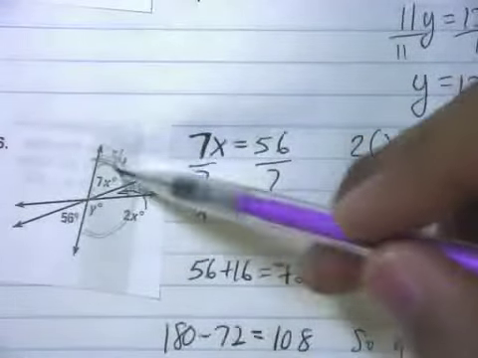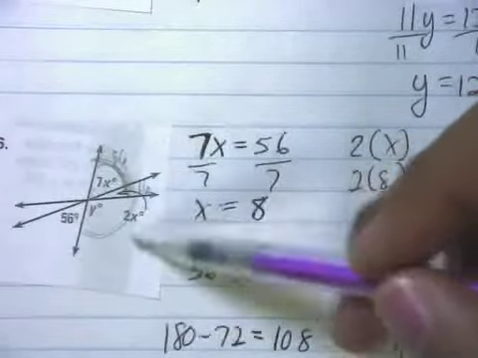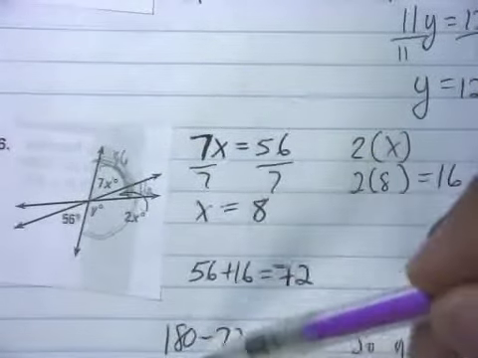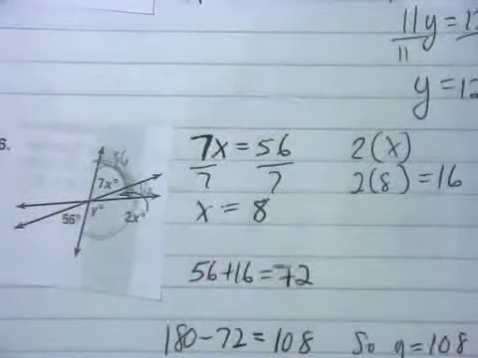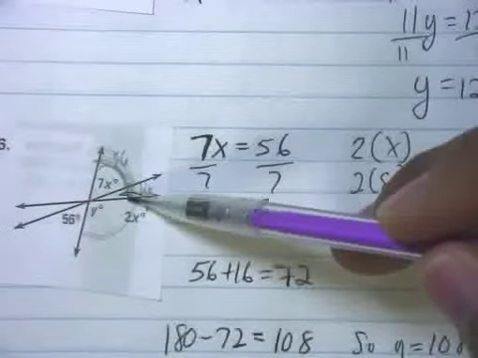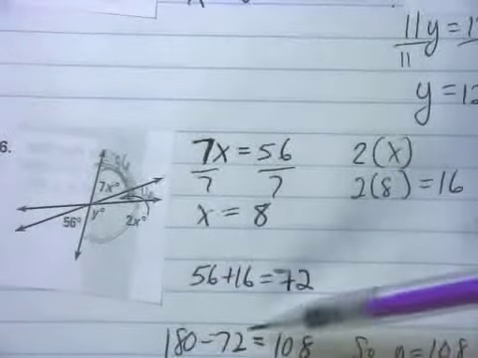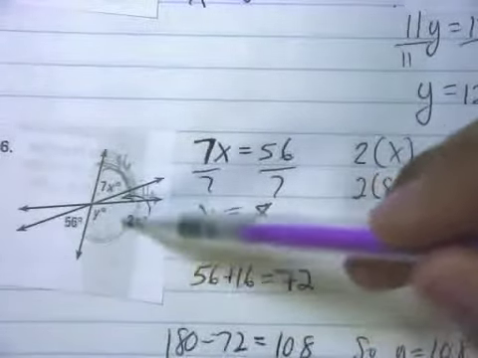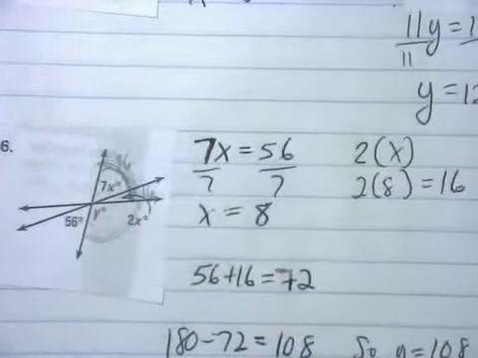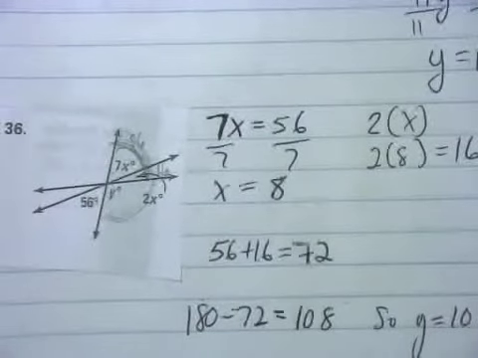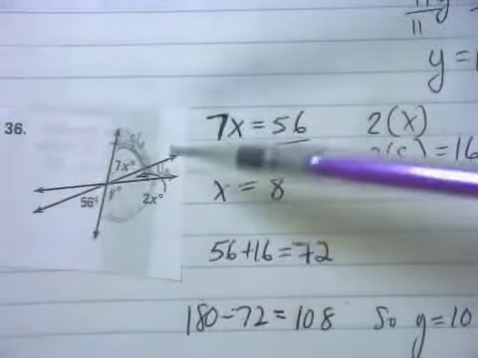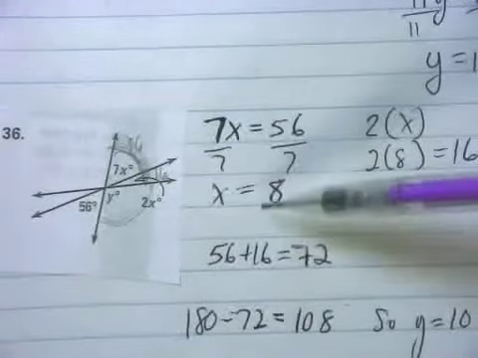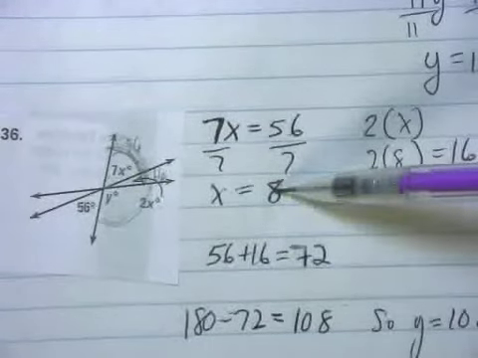This big angle here and this whole angle of y here, don't they add up to 180? Yes, they do. So if this whole angle here is 72 degrees because of the 56 plus 16, well, then I can find the y here by saying 180 minus 72. So 180 minus 72 is 108, which means that this whole angle here is 108 degrees. And that's question number 36.